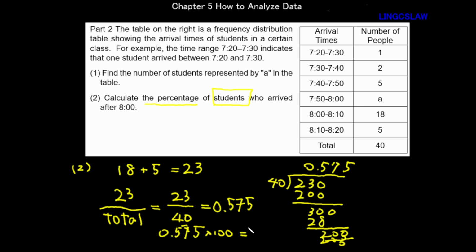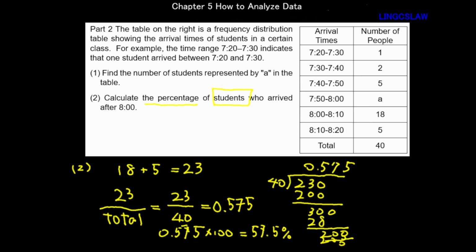If you multiply something by 100, you will move the decimal point to the right by the number of 0s. So there are 2 0s, so 1, 2. So 57.5%. This is the answer.